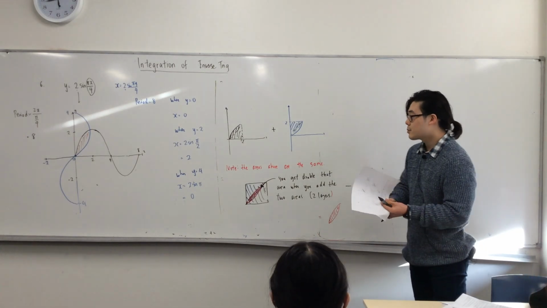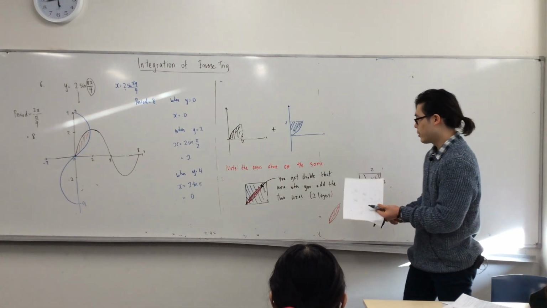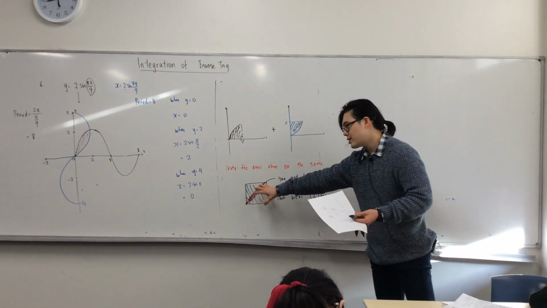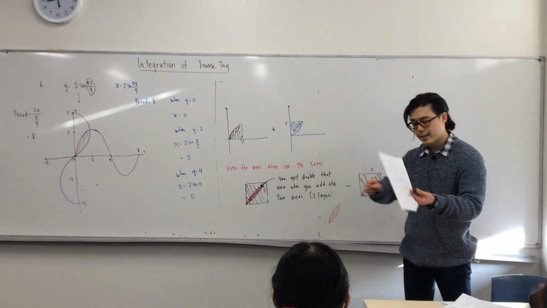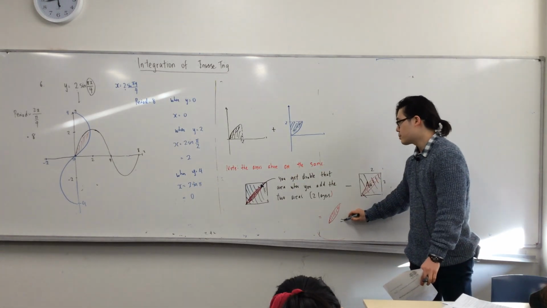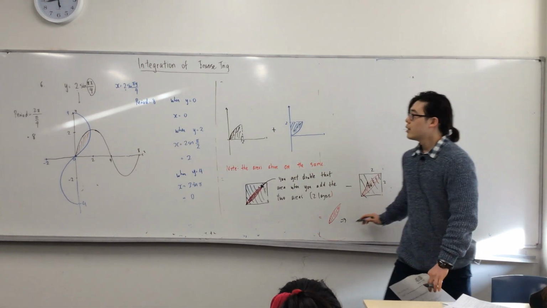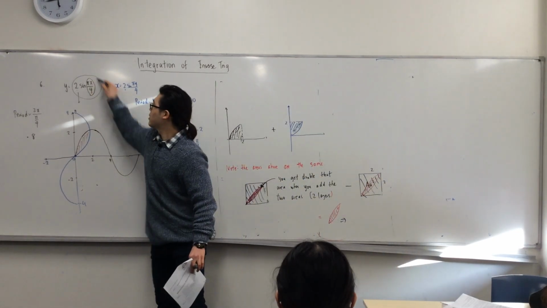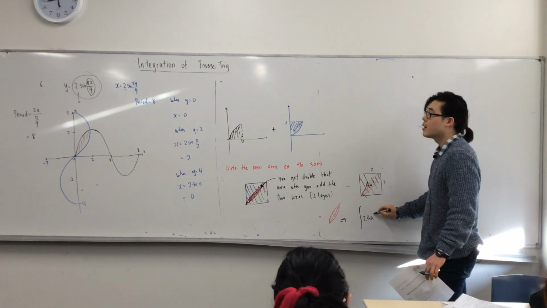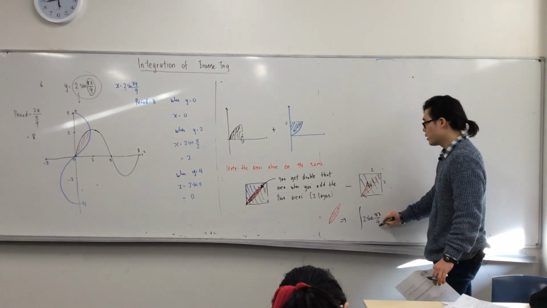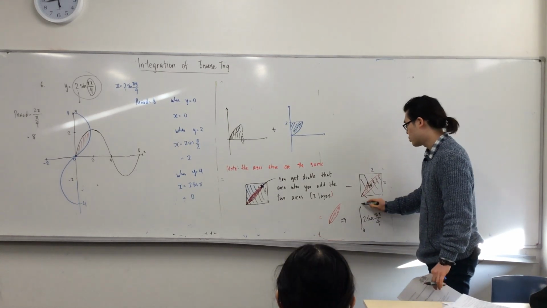So let's now get the expression. Obviously this is the bigger area, so that take away that, not that take away that. Let's get that clear. So the expression is, let's use this, integration of 2 sine pi x over 4, integrated from 0 to 2.